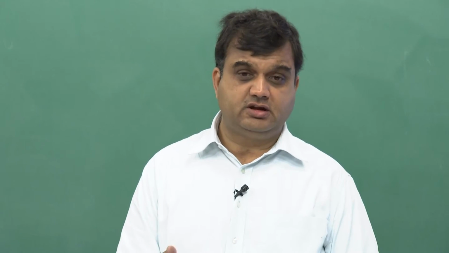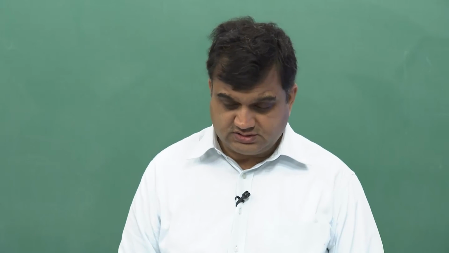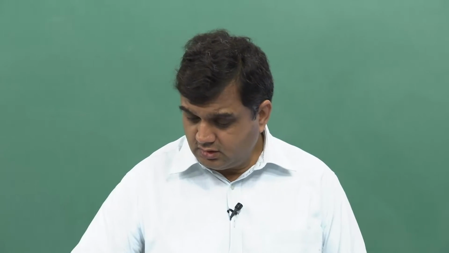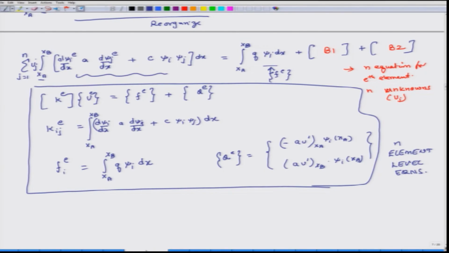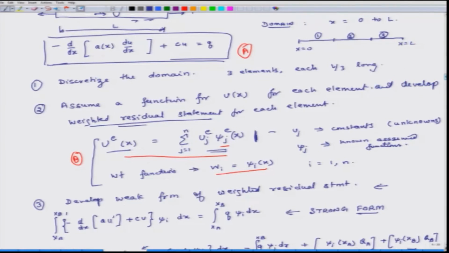So, we will use the same linear approximation functions in this case, but before we do that, see here the integration is happening from x a to x b, and this is the global coordinate system.